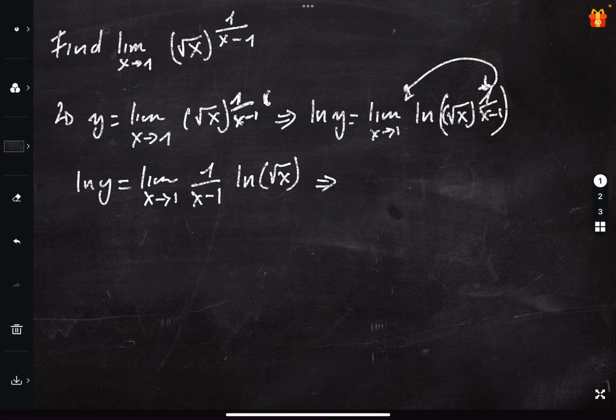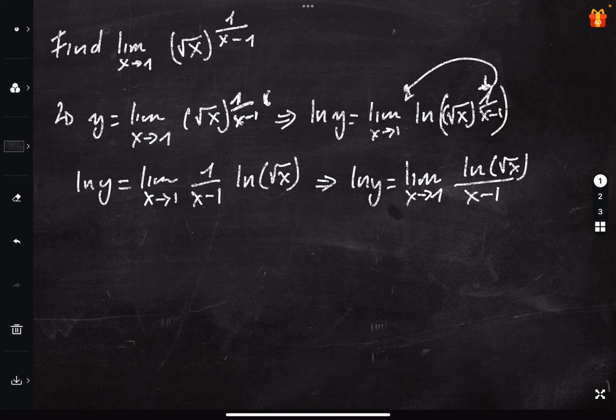Perfect. This can be further simplified as the limit of natural log of square root of x over x minus 1, because 1 times this will just give me that. So let's try again.